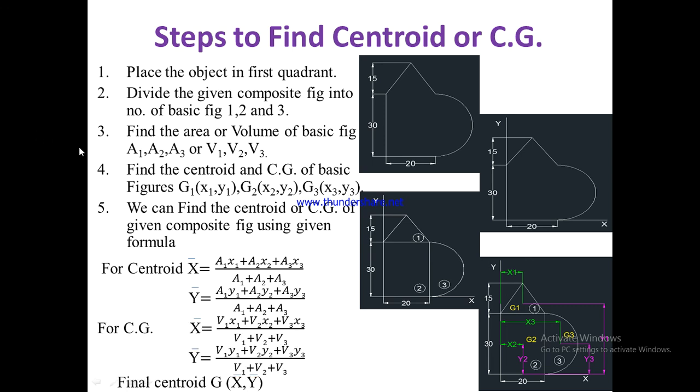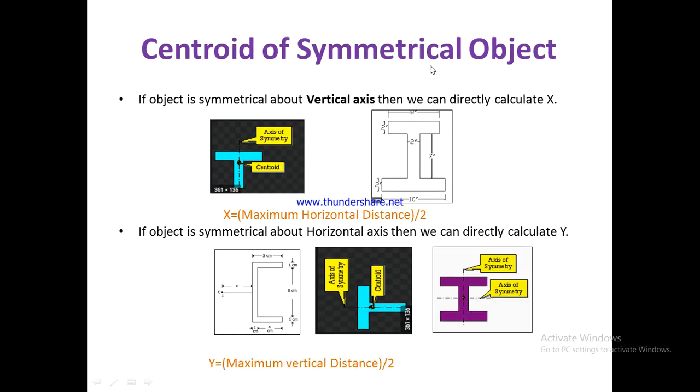Hence in this video we have learned the steps to find the centroid or center of gravity. In case of centroid you have to take the area, in case of center of gravity you are going to take the volume. And for centroid of symmetrical bodies, if the object is symmetrical about the vertical axis, then you will directly get x bar, and if the object is symmetrical about the horizontal axis, then you will directly get y bar.